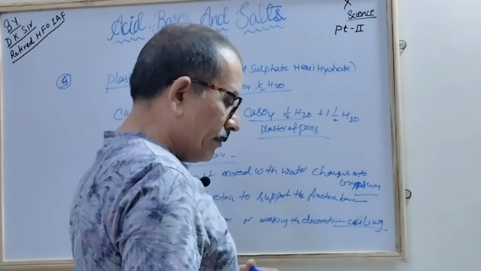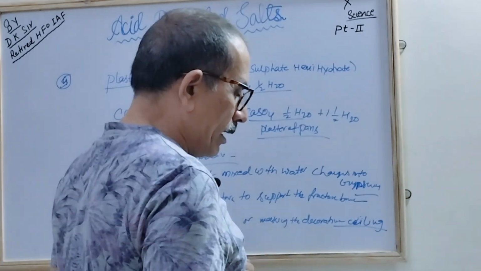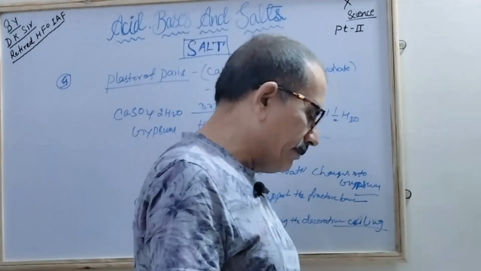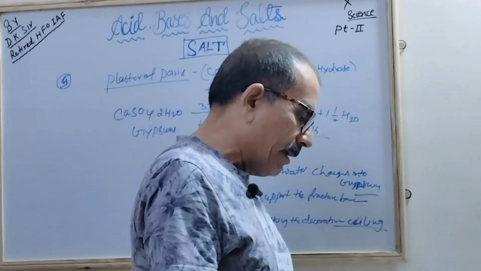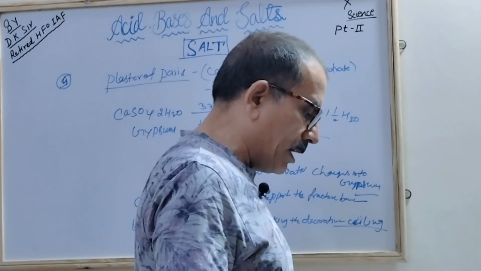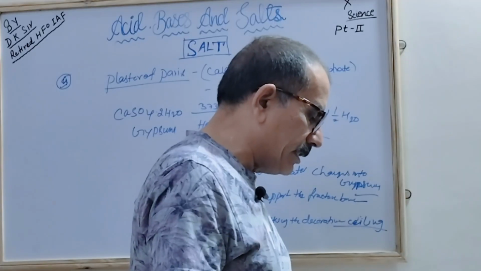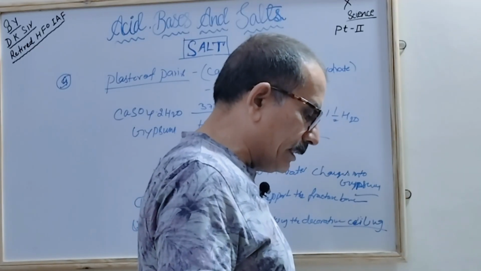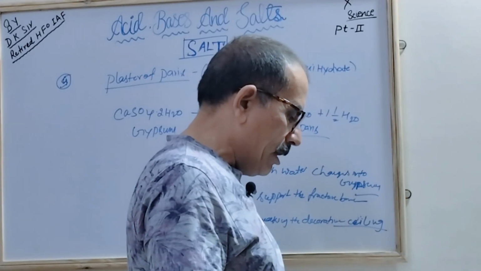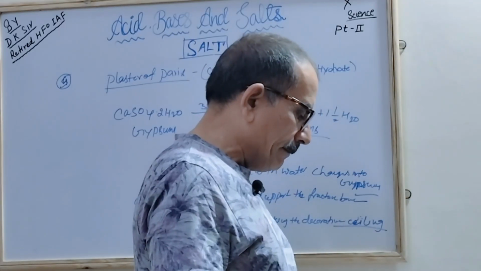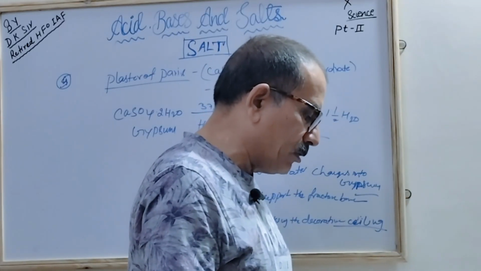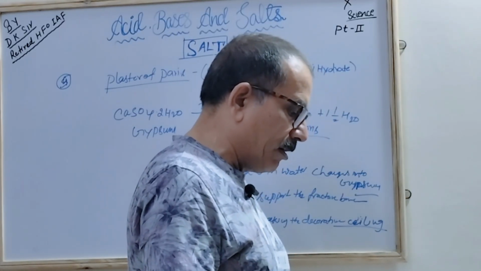The next topic is the water of crystallization. The crystals of some compounds seem to be dry but actually contain some water molecules attached to them. This water is called the water of crystallization. Such salts are called hydrated salts. The water of crystallization is the fixed number of water molecules present in one formula unit of a salt.